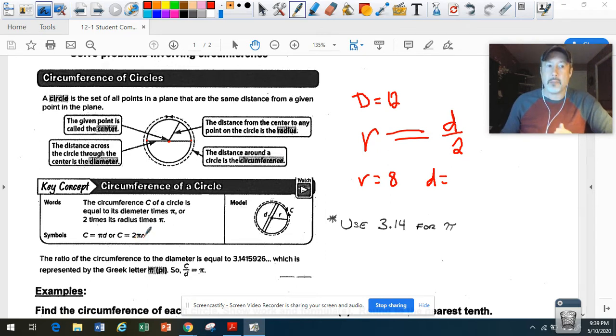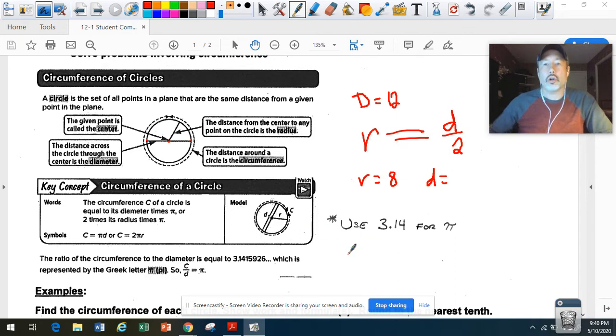Well, let's just say the diameter was 12, so it'd be pi times 12. Well, half of 12 is 6. So if I go 2 times the radius, which was 6, that gets me back up to my 12 also, and then multiply that times pi.